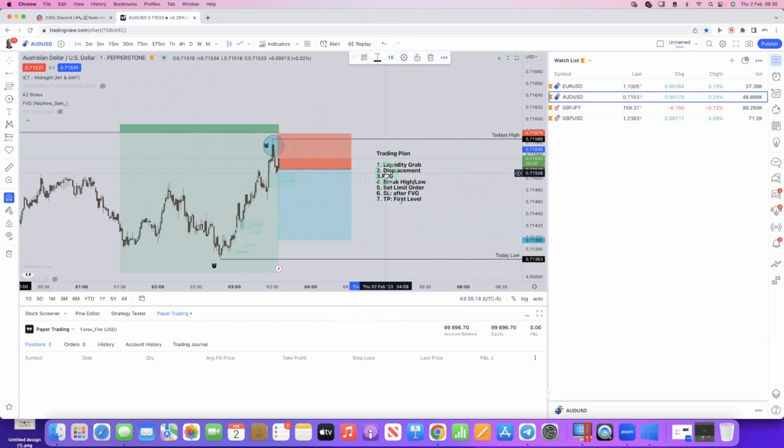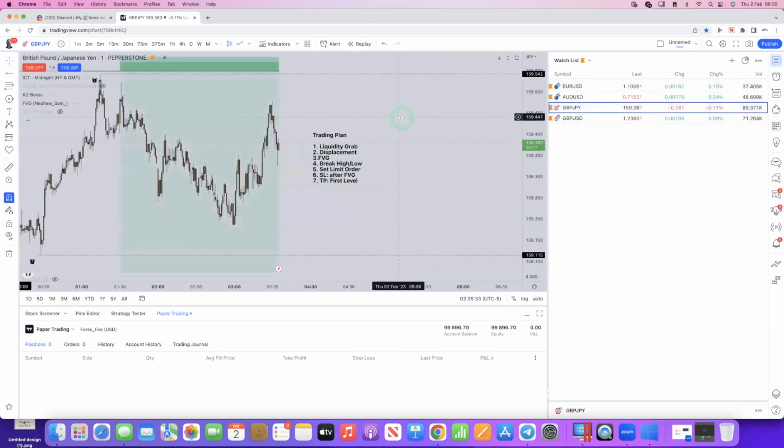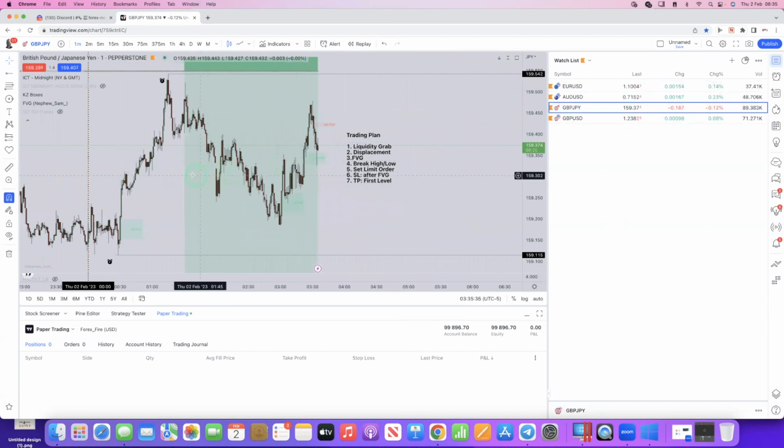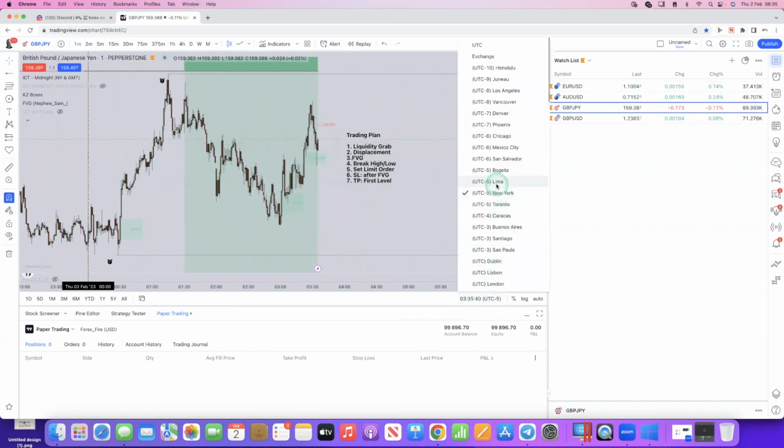Like I say, we haven't entered the trade officially. We're just testing the theory and the method behind this. And it's the first time I'm trying this on anything other than a GBP pair, on a London time frame session. What is putting me off, if we just go on to here, kill zone boxes. Go to London.